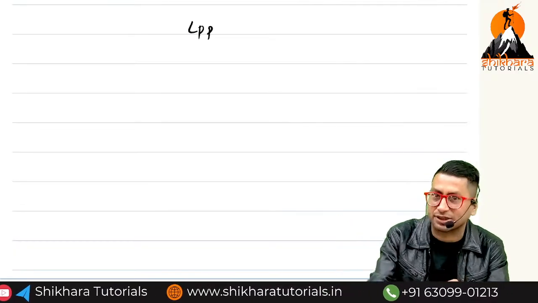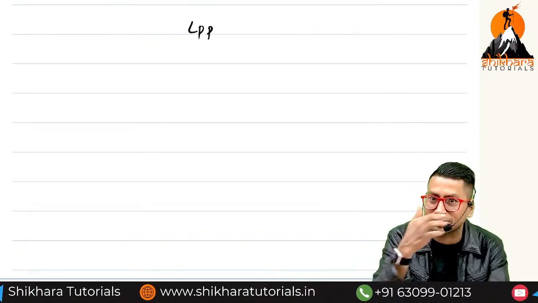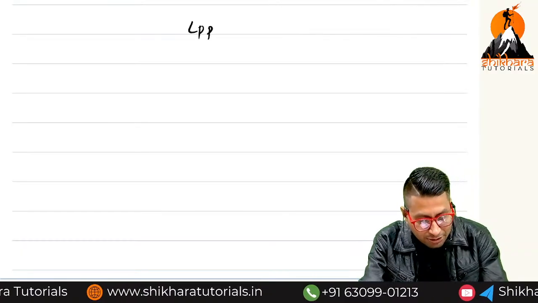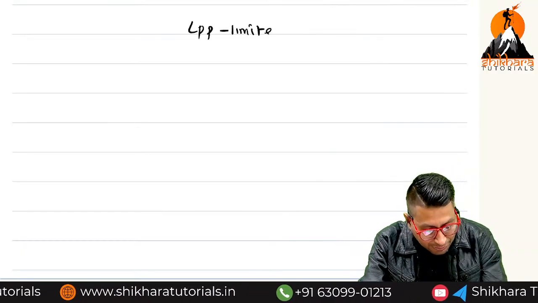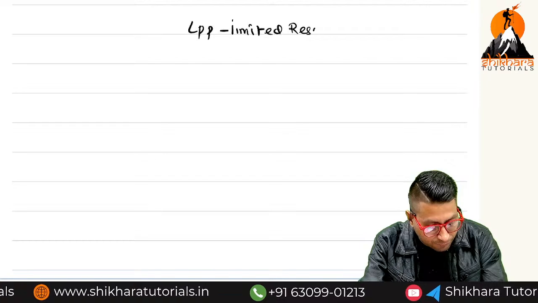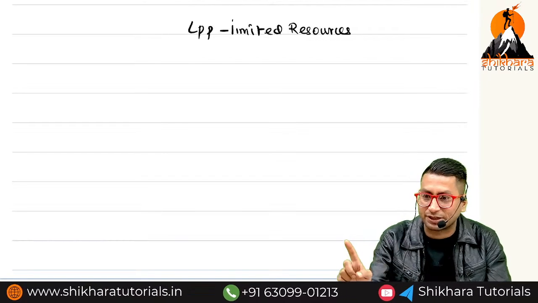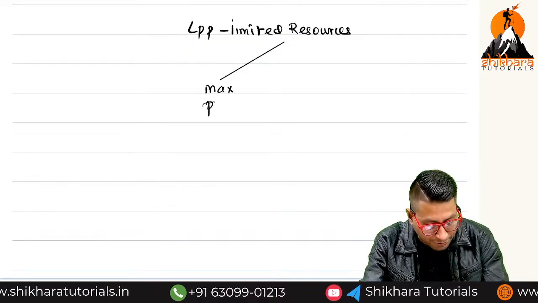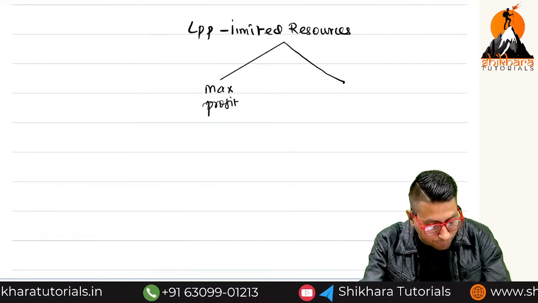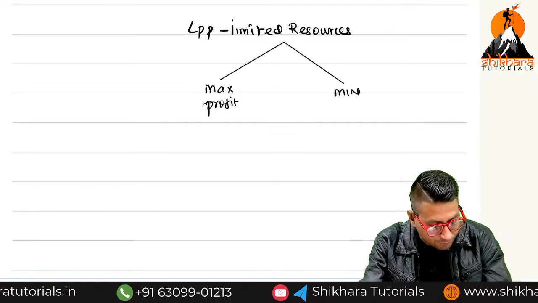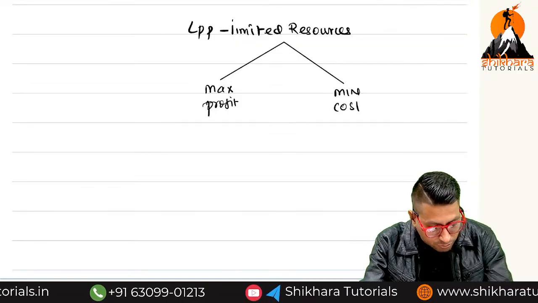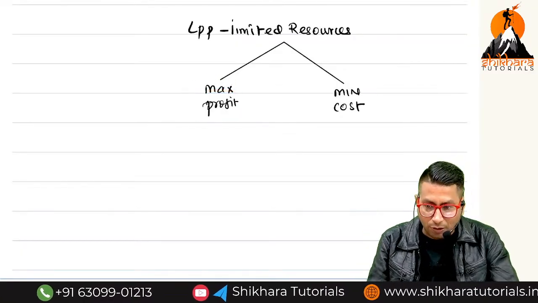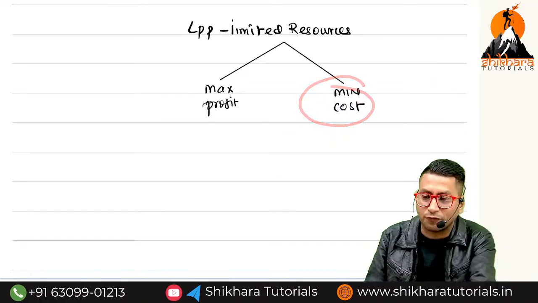Using these limited resources, I want to maximize my profit or minimize my cost. Only two objectives here. Either my objective will be maximization of profit or minimization of cost.